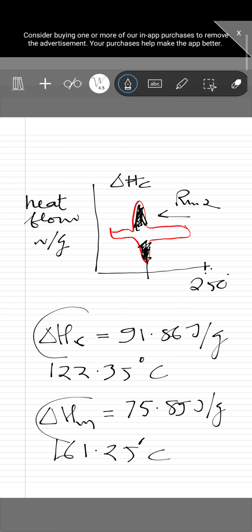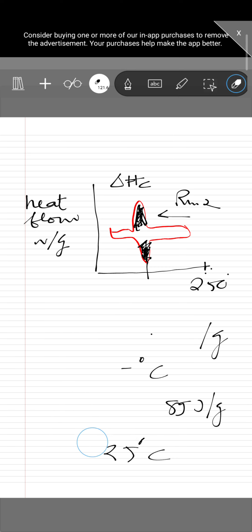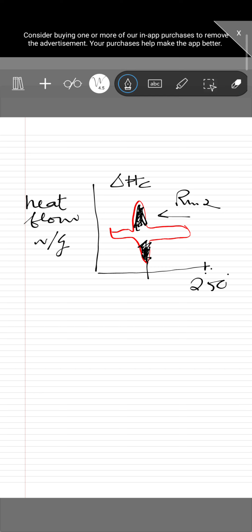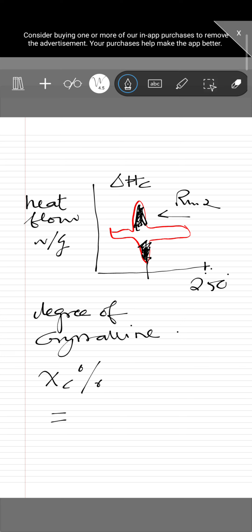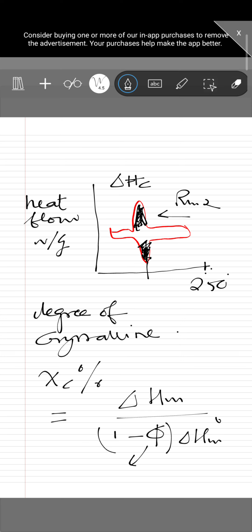Now, when you have this information, for example delta Hm, another parameter that can be determined from this delta Hm is the degree of crystallinity, how crystalline the material is, and that is expressed as Xc percentage equal to delta Hm divided by (1 minus phi) times delta Hm0, where phi is the weight fraction of the filler, and delta Hm0 is the enthalpy of fusion if 100% melting has taken place.